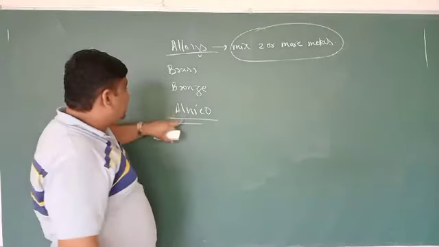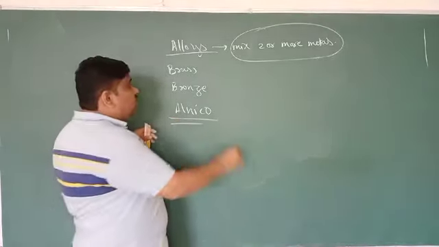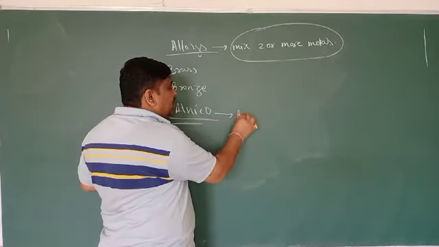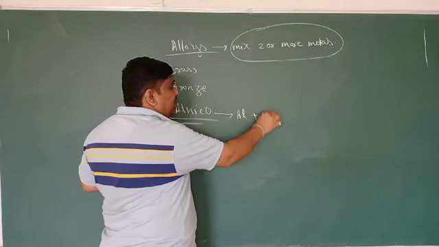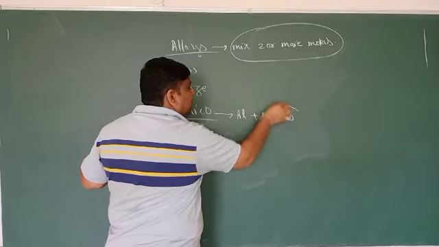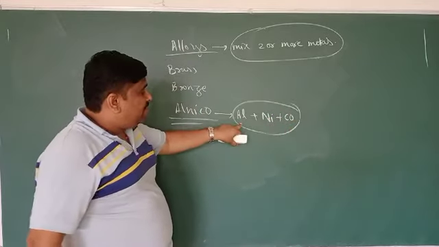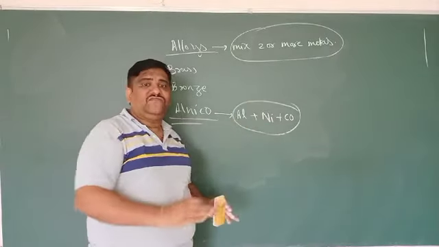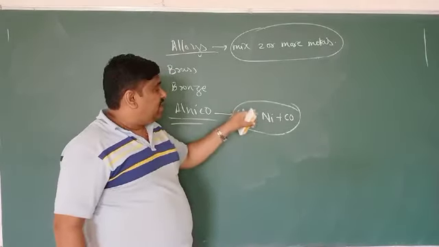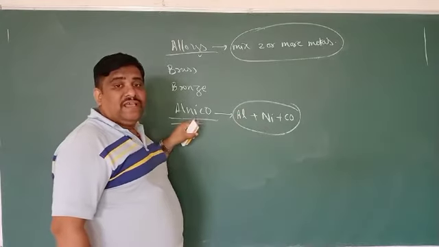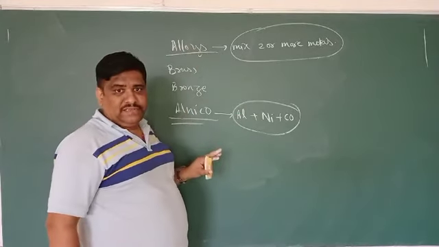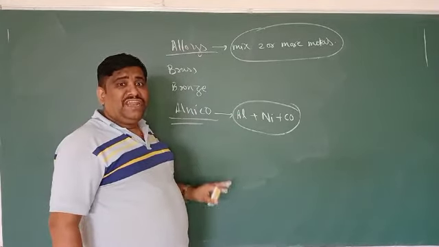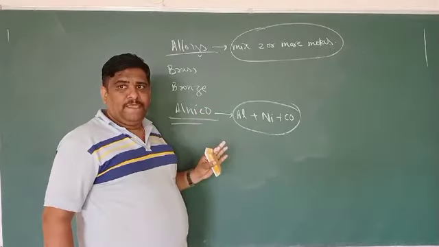So you can see here, alnico. In alnico you get a mixture of aluminium, nickel and cobalt. These three metals we have mixed and we obtain alnico as an alloy. Similarly you can take copper and zinc and so on. Brass and bronze are alloys.